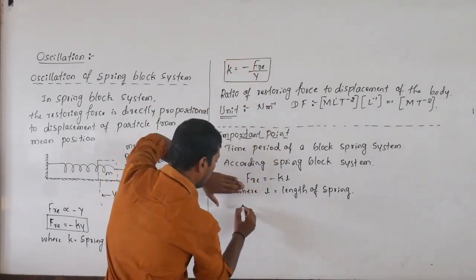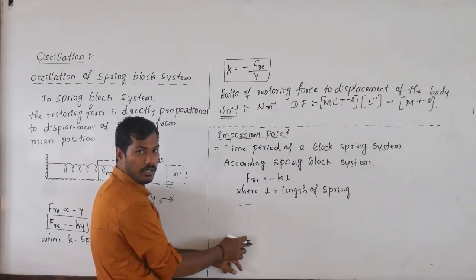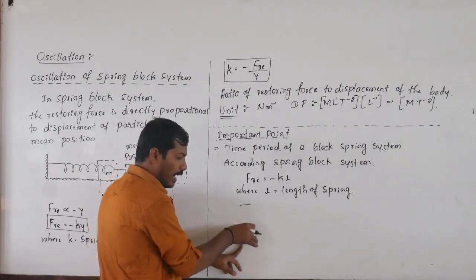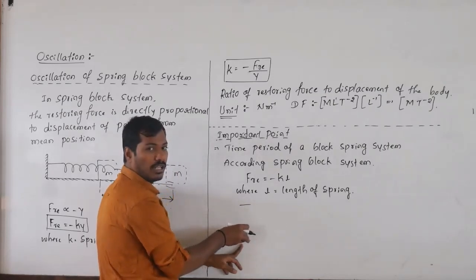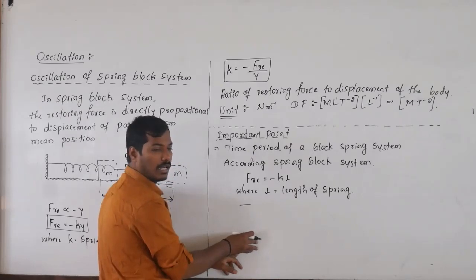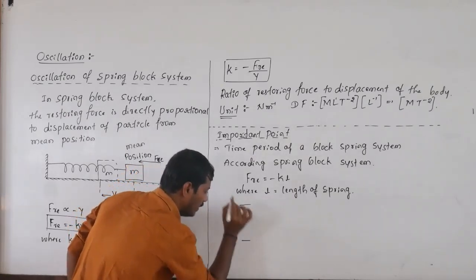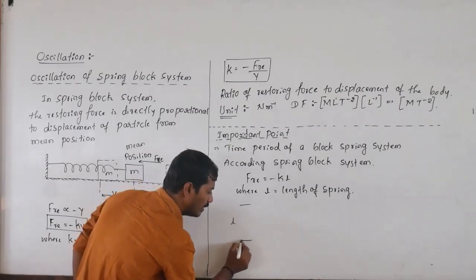okay, I will draw here. It is a support. If it is the initial position of a particle, when it hangs freely, there is the acceleration due to gravity. Gravity is applied, the body is under gravity. It is moving downward. The body here is at the mean position.